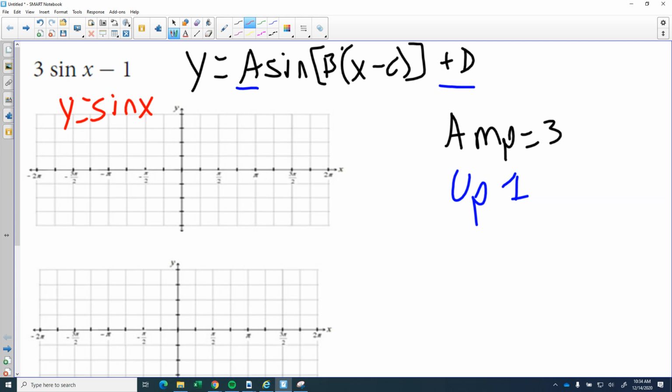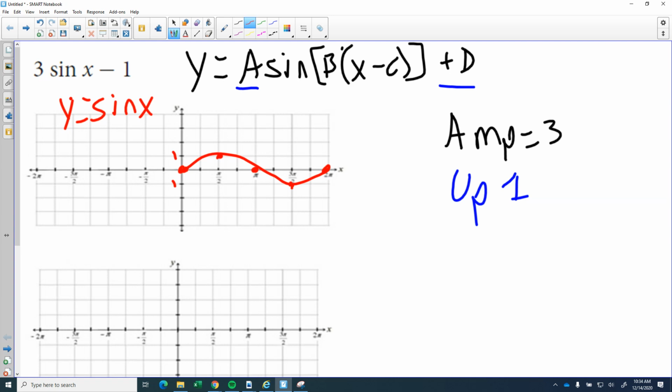So the original sine equation, if I make these intervals of 1, would start at 0. At pi over 2, I'd be up at positive 1. At pi, I'm back down to 0. At 3 pi over 2, I'm at negative 1. And at 2 pi, I'm back to 0. So one period looks like this.